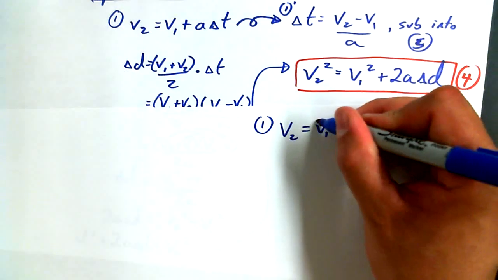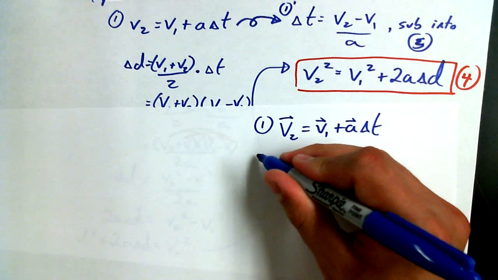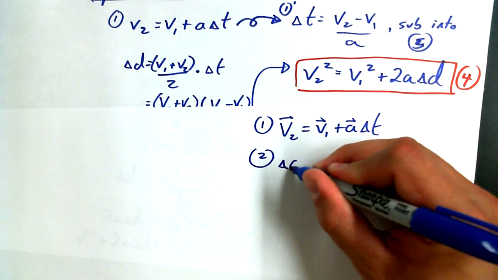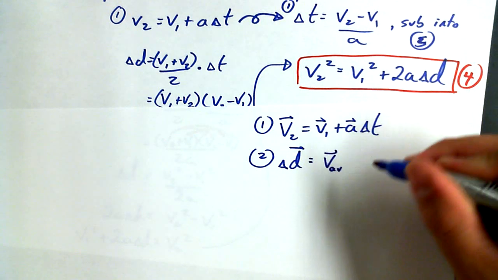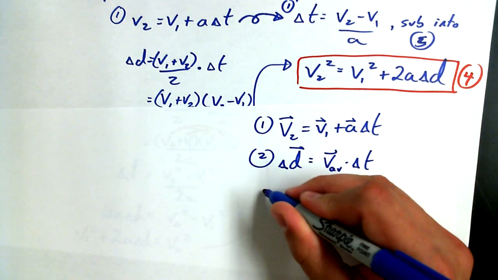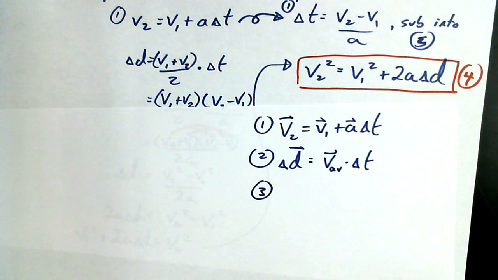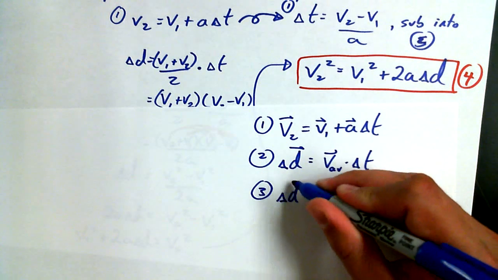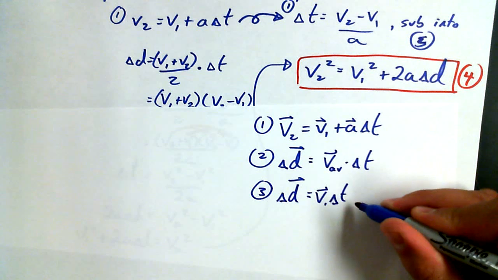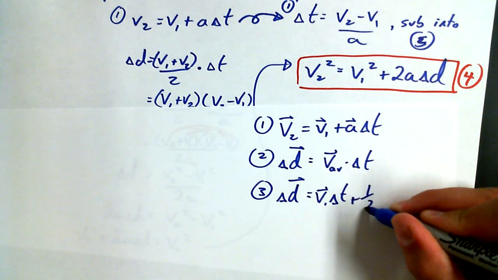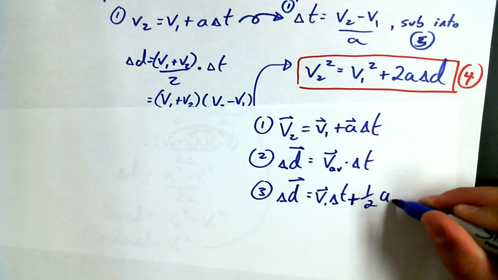Because we're not in derivation mode here. Equation 2 is delta D equals V average times delta T. Equation 3, or what we're calling equation 3, is delta D equals V1 delta T plus 1/2 A delta T squared.